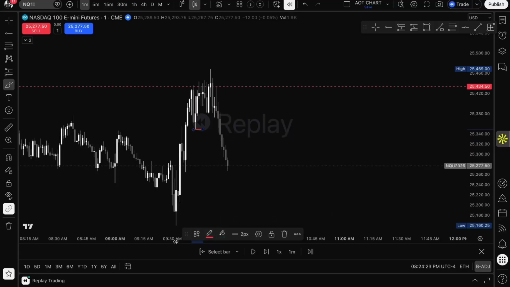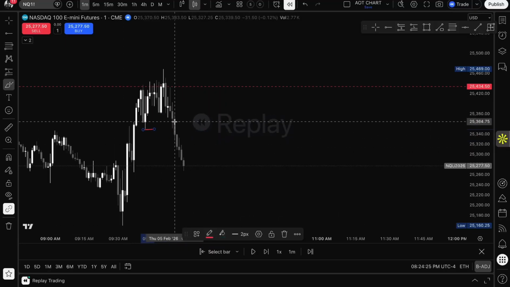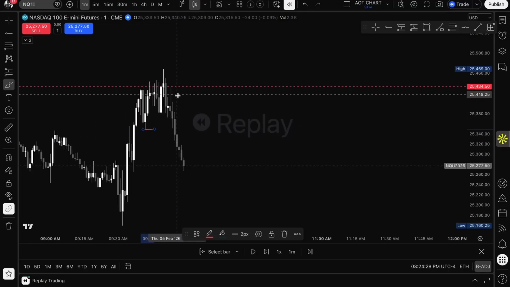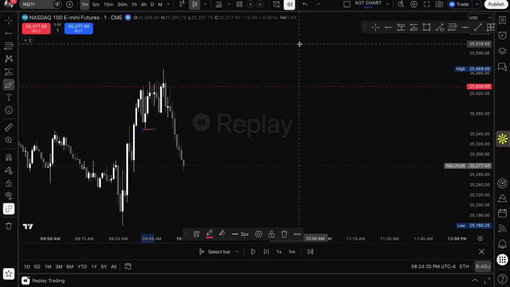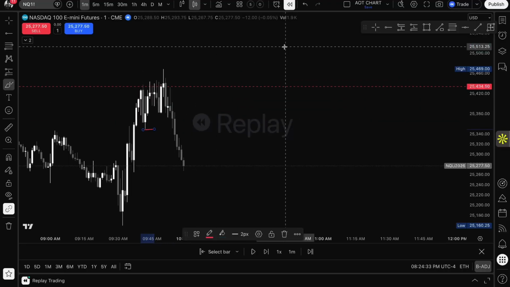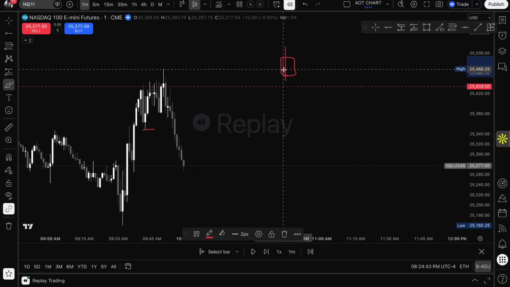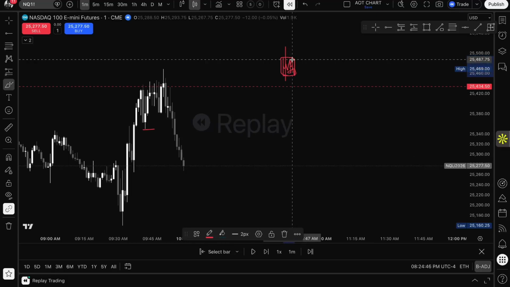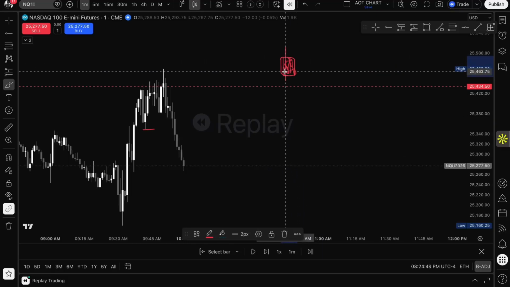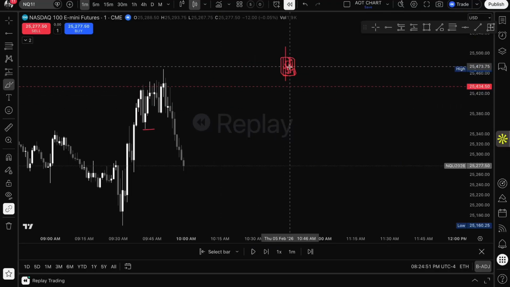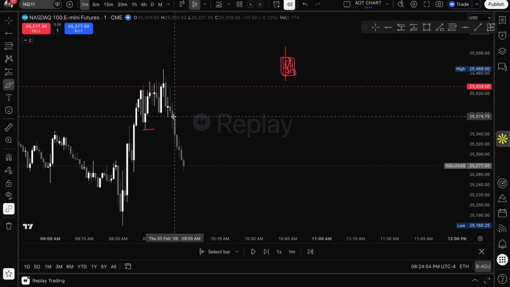You also have to develop the skill of reading this candle right here. These wicks show you where price went before this candle closed. When you're reading these candles, the top wick means price came up to this level and then started going lower.